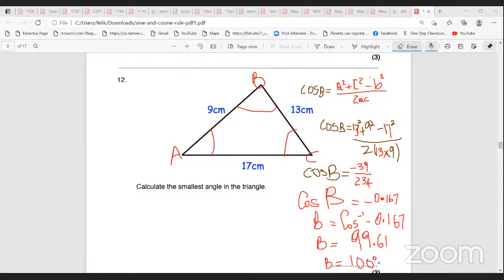So the next thing I want you to do now: what's the previous answer that we got for the one last night? What was the answer for A? Was it 48 point something, or was it 48.8? You remember?